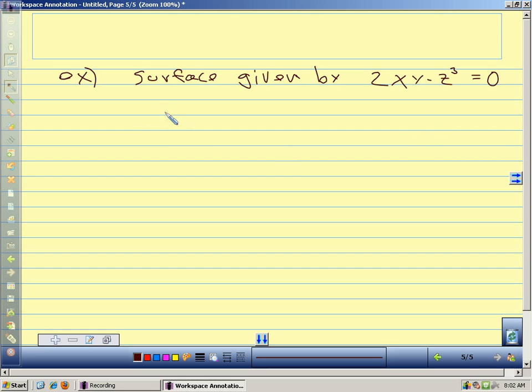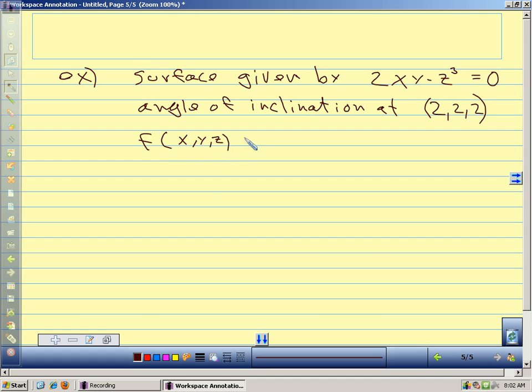We want the angle of inclination at the point (2, 2, 2). So our three-variable function f of x, y, z is 2xy minus z cubed.